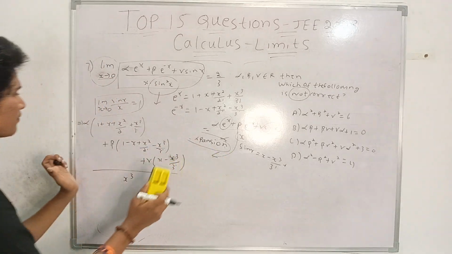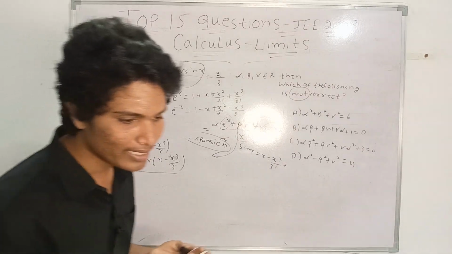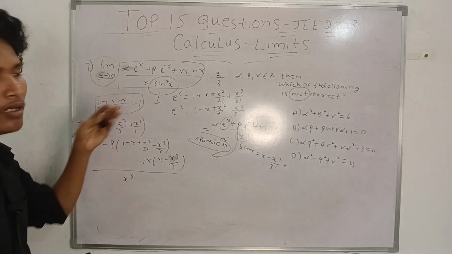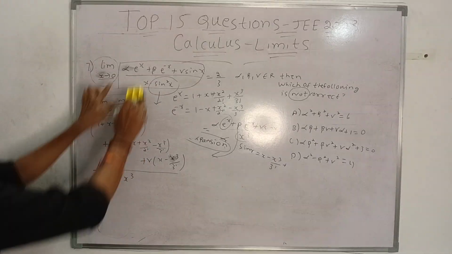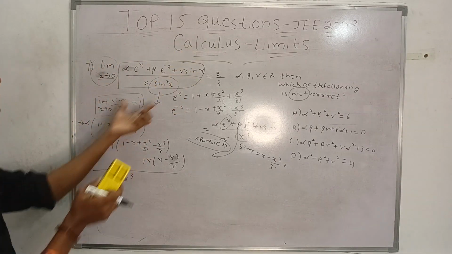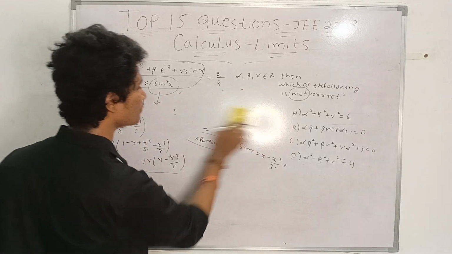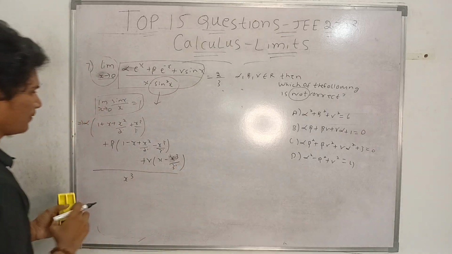I did not do any rocket science here. I basically applied the expansions and converted this question into this form, and how the denominator became x cube I already explained.